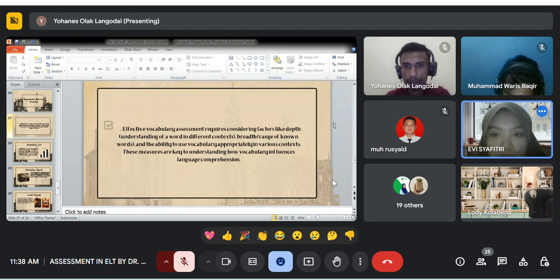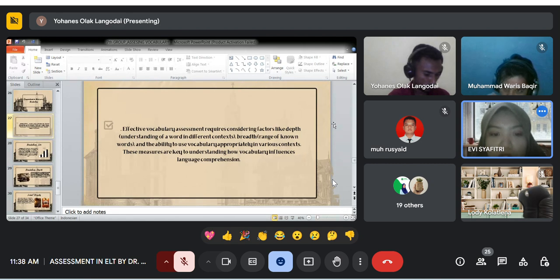Effective vocabulary assessment requires considering factors like depth and ability to use vocabulary appropriately in various contexts.